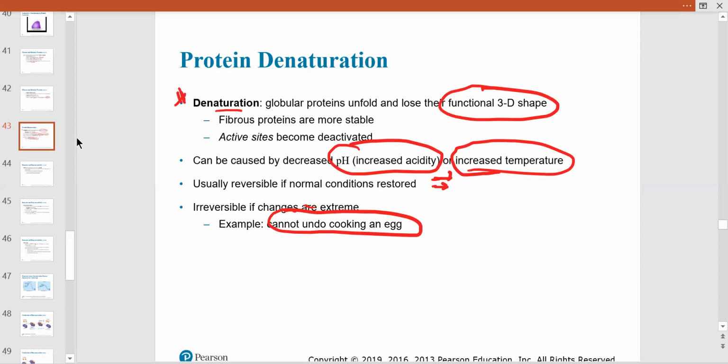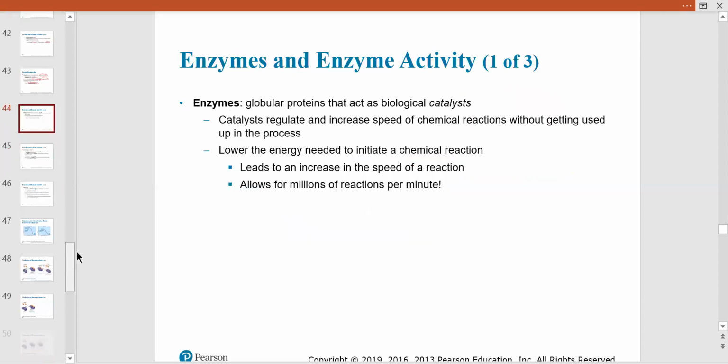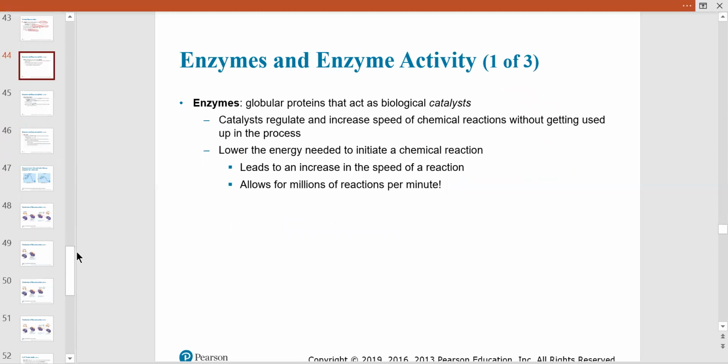Okay. So the shape is very important. The environment is very important. So enzymes: protein, shape, specificity, tertiary shape, sometimes quaternary, right? So enzymes are catalysts where they speed up a reaction.